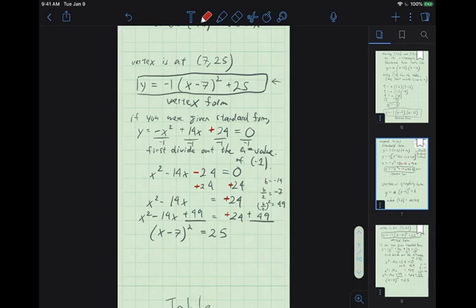Shoot, I think I messed up somewhere. I'm not sure where. I'm just in this completing the square, steps. B over 2. Where's my mistake? Let's see what happens.